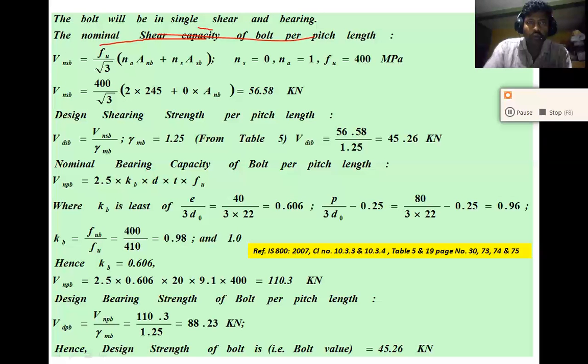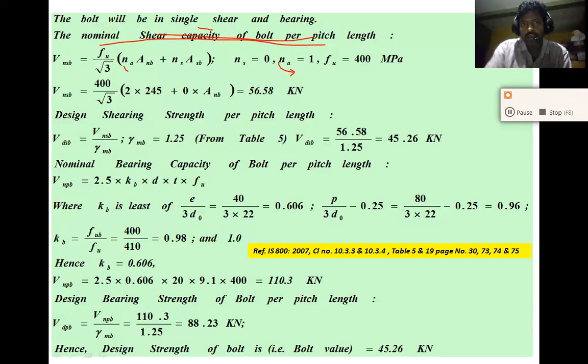So nominal shear capacity of the bolt per pitch length, using Clause Table 5 and 19. Na is the number of shear planes passing through thread. We consider the critical portions.